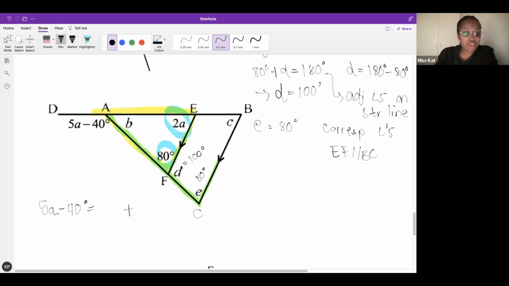Okay, so then 5a minus 40 equals 80 plus 2a. We only have a's in the sum, guys. That means we can solve for a. Do we see that, guys? Oratil is like, nope. I don't see that.